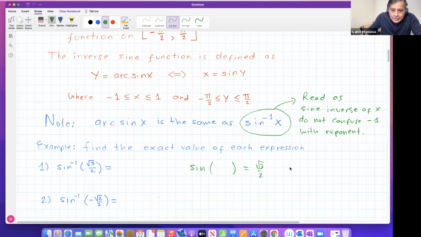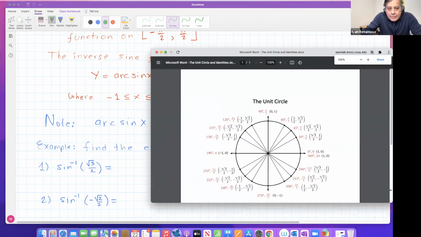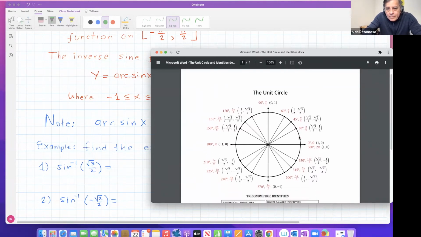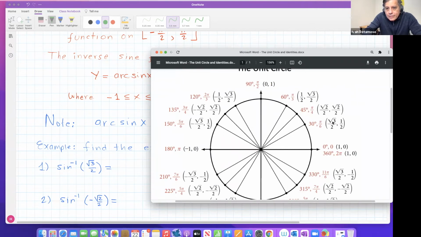But in case you have not memorized this, or you are not sure what angle has sine square root of 3/2, don't worry. From the unit circle sheet, if you pull it out, I gave you the link, you look for square root of 3/2 here in the first quadrant.